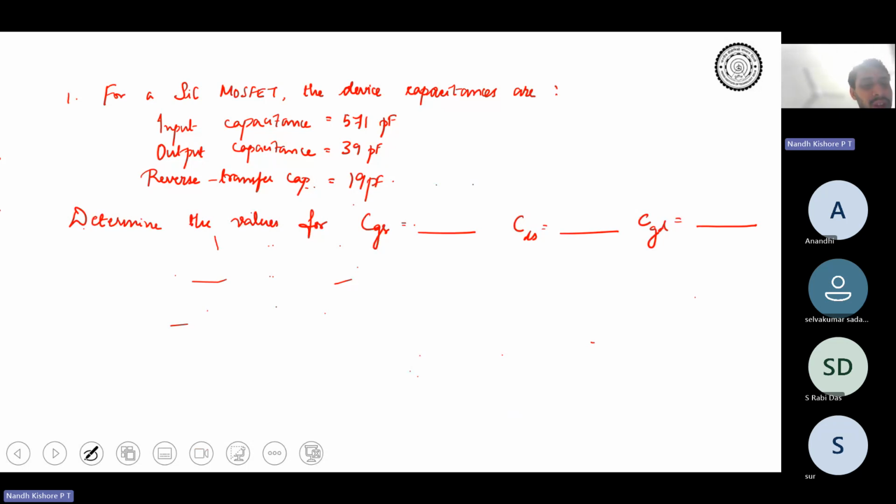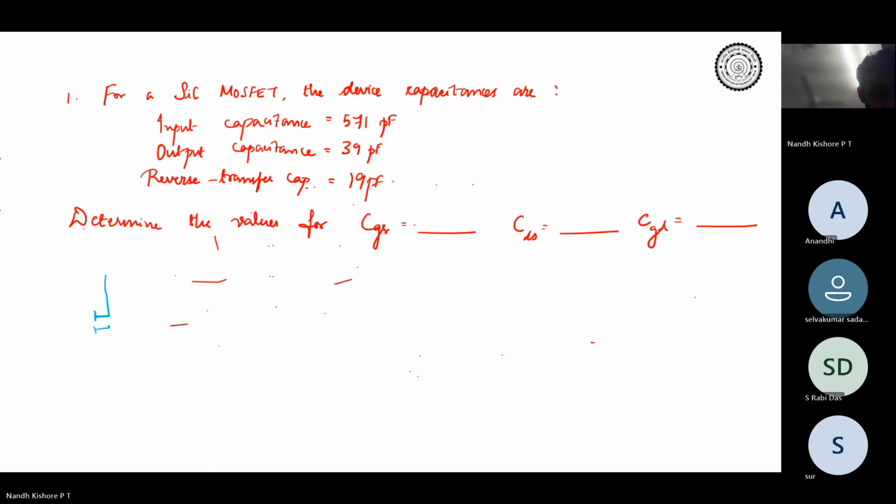I will also solve it, but I would encourage you to solve. You know the device model in terms of its capacitances, correct?